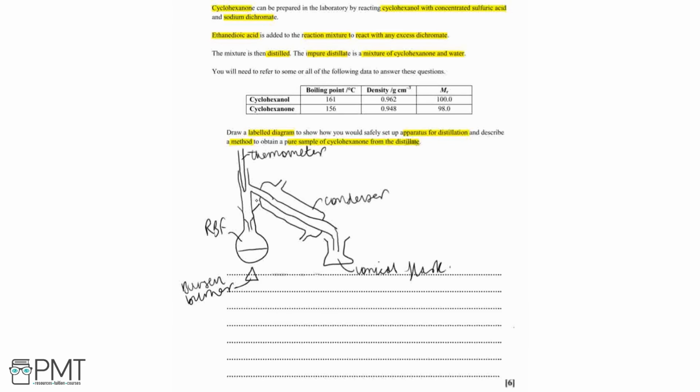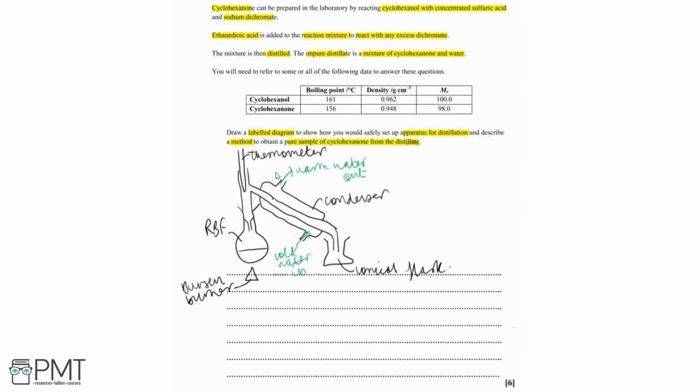And we also need to label which way the water is going to be going in and out of our condenser. So it's always cold water in at the bottom, and then warm water out at the top here. So we have cold water going in at the bottom, so that when our vapours are travelling down, they then condense at roughly this point here in the system.